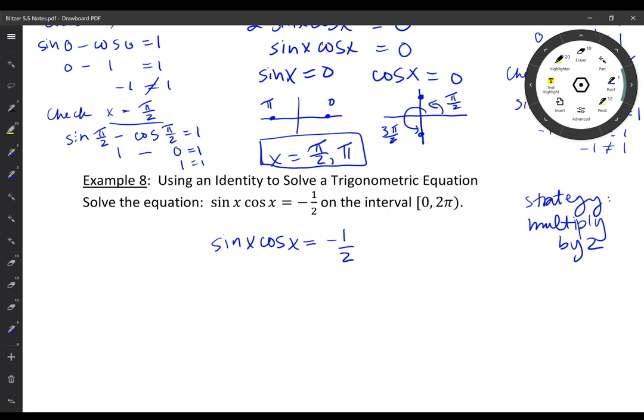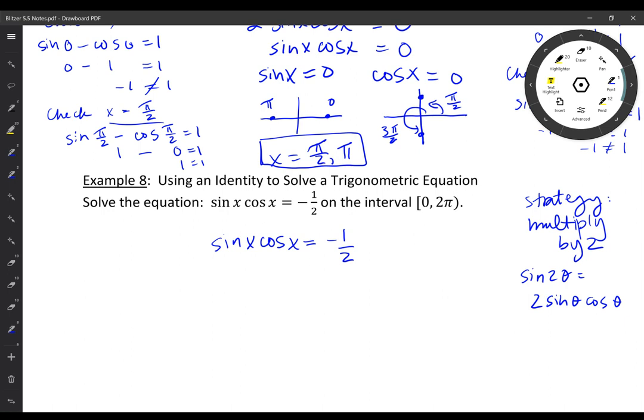So we know our double angle, sine 2 theta, equals 2 sine theta cosine theta. So we already have sine x cosine x. If I multiply both sides by 2, then I'll have 2 sine x cosine x, and then I can substitute that double angle in. And we'll have to solve a multiple angle problem again.